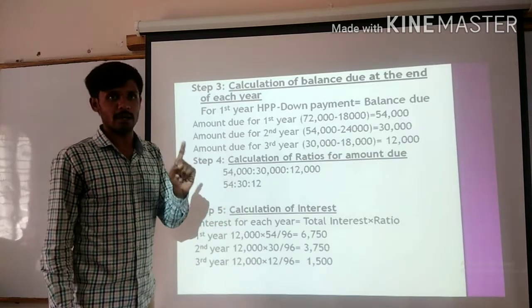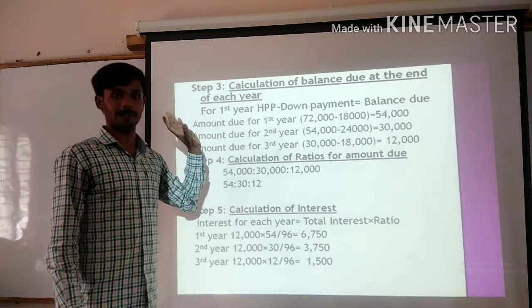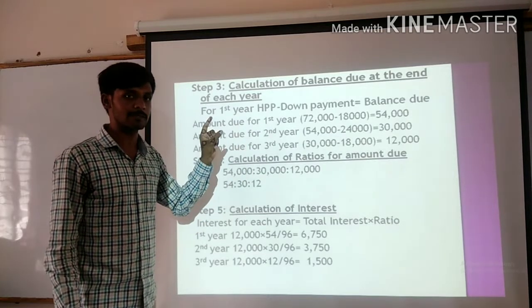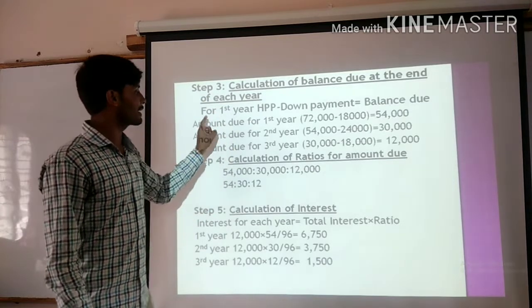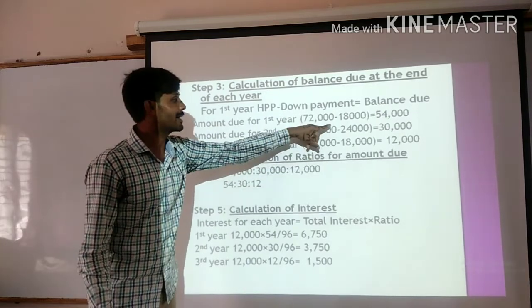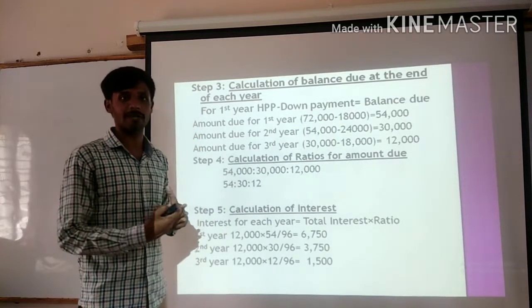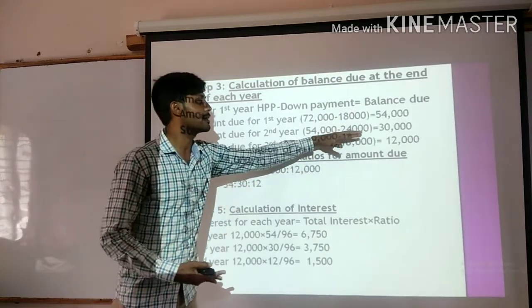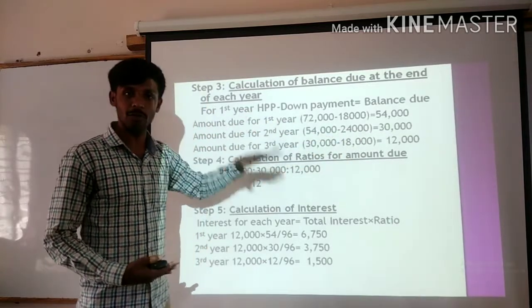For the first year, we will deduct down payment from the hire purchase price. Hire purchase price means the total amount which the hire purchaser has to pay. For the first year, we will deduct the down payment. From the second year onwards, we will deduct the installment money. Very important thing, we just need to remember this.